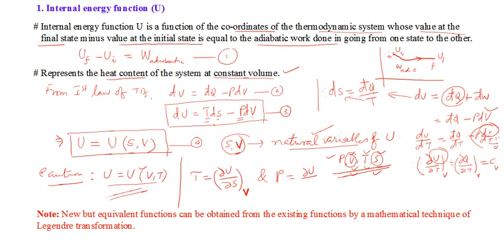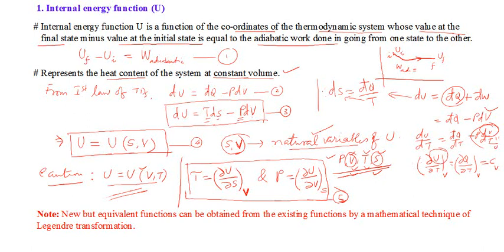Let me call these two equations equation number 5. These are the derivatives of U. And can you see that U is such a function from which I can obtain the values of temperature and pressure, if you are expressing U in terms of its natural variables S and V.